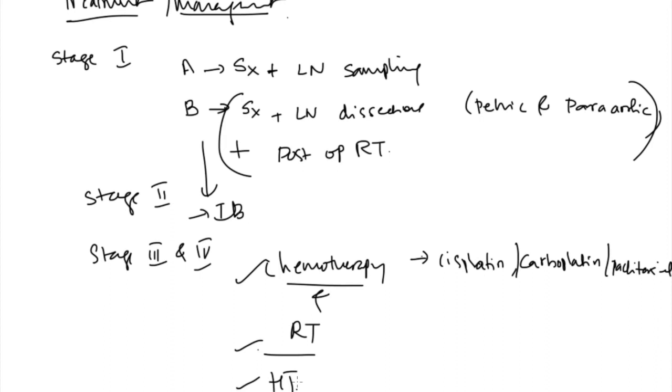And there's one risk that is associated with carcinoma endometrium. There could be recurrence. Let's talk about recurrence. It will usually occur within the first 2 years of surgery.